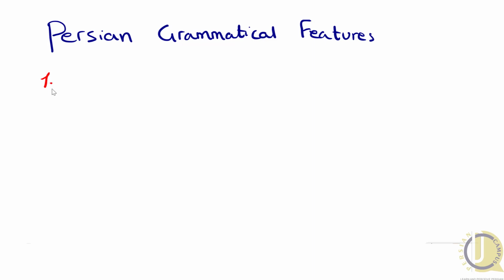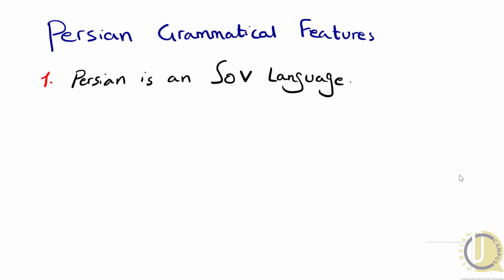The remaining symbols have the same sound as their Latinate counterparts. Let's move on to Persian grammar traits and features. The first one is that Persian is an SOV language.